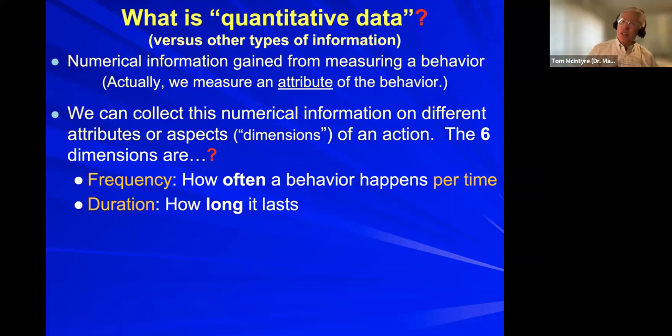And as you folks entered into the chat, we have frequency, which is how often the behavior happens. 4 times per minute, 4 times per class period, 4 times per hour, 4 times per day. How often does the behavior happen for some human designated time period?